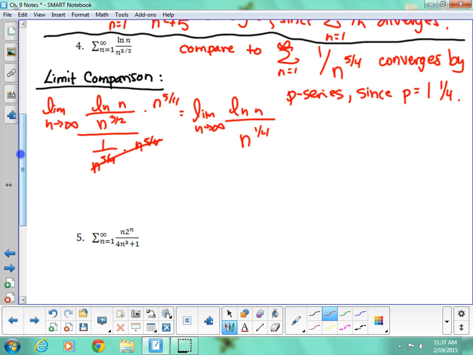Well, L'Hopital's if you need to, right? Limit as n goes to infinity of ln n over n to the 1/4: 1 over n, bring down the 1/4, negative 3/4. Now I have 4n to the 3/4 all over 1, so the limit is 0. Not infinity. Converging, 0. Got it.